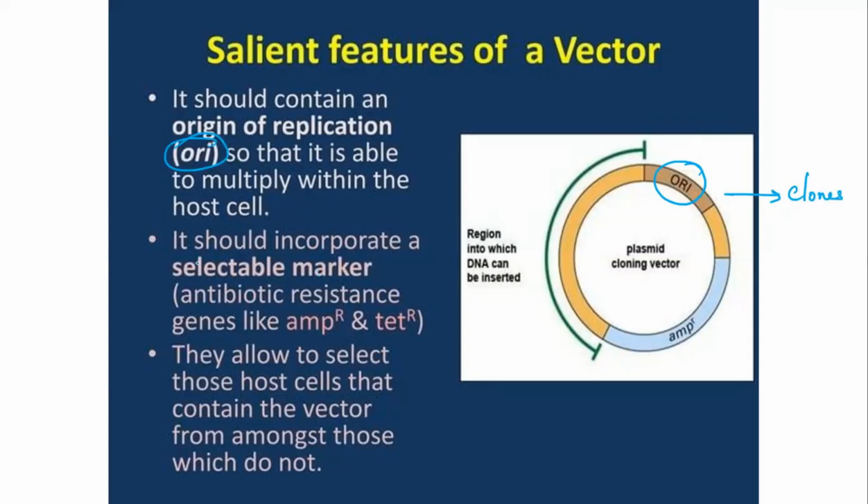Then it should incorporate a selectable marker. So what is a selectable marker? You might have seen that a particular school has a specific uniform, and different schools have different uniforms. Or consider the police department: we have different departments even within the police organization.